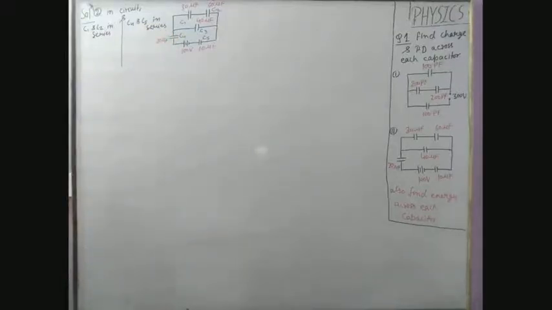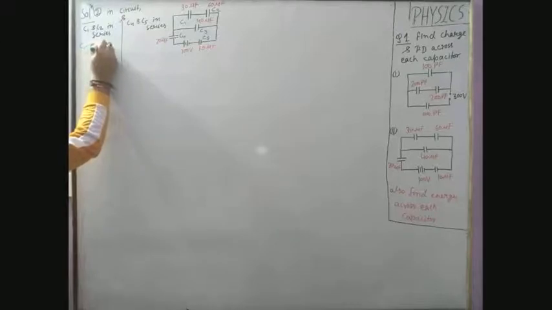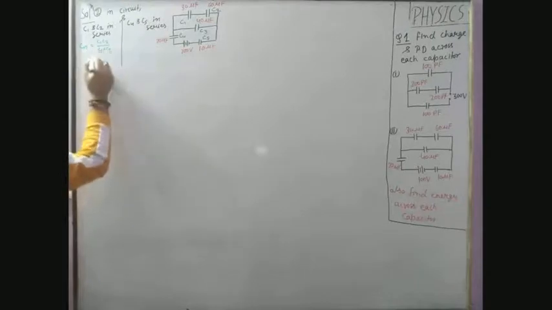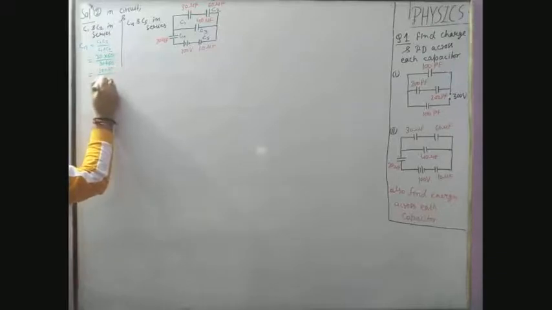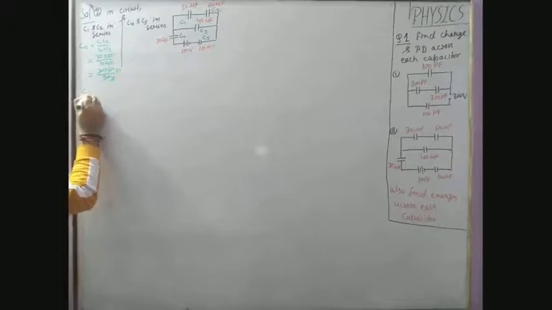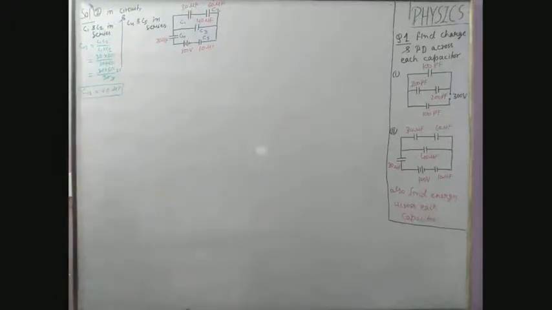Therefore we can calculate that C12 is equal to C1 C2 upon C1 plus C2, which is 30 into 60 upon 30 plus 60, which is equal to 30 into 60 upon 90. This cancels by 3 times, this cancels by 20 times. So C12 is equal to 20 microfarad. This is our first solution.